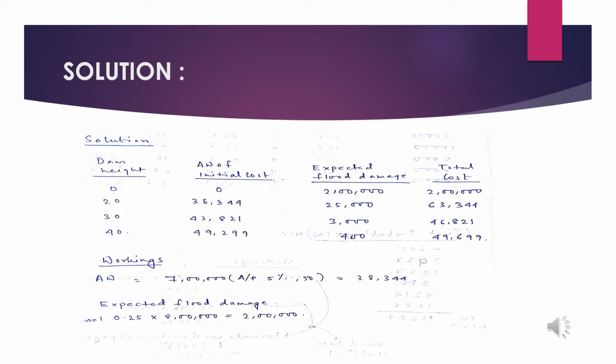So, in the context of what we said earlier, the lowest annual cost gives us the optimum height at which the dam should be built, and after our calculation it indicates a 30 feet dam. So the authority should be looking for a 30 feet dam if they want to minimize their annual cost, and that should be the optimum result for the authority.